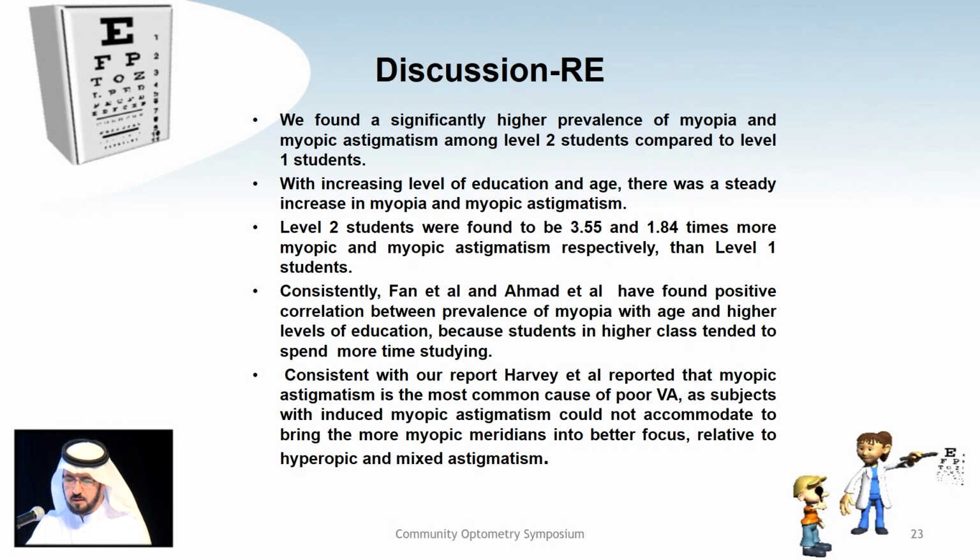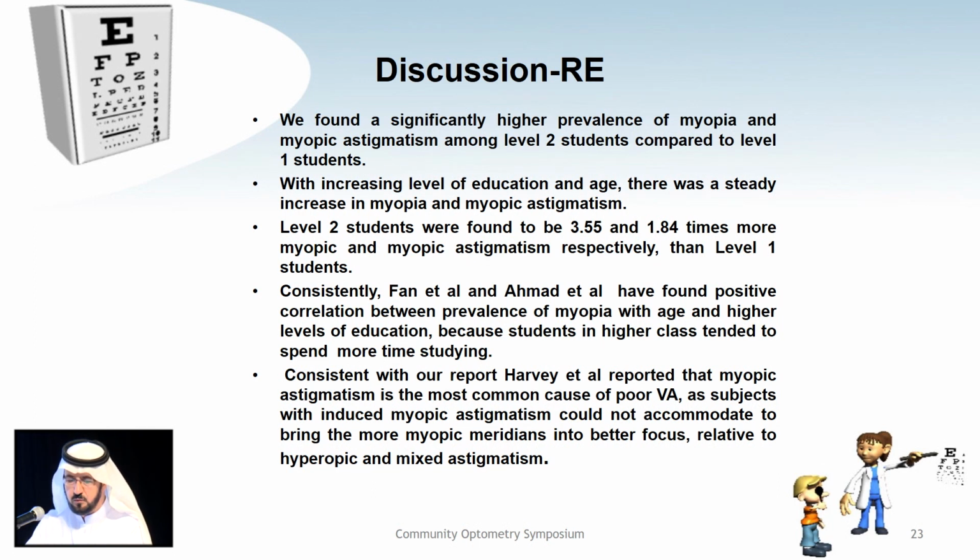We found a significantly higher prevalence of myopia and myopic astigmatism among level 2 students compared to level 1, who are the younger students. With increased level of education and age, there was a steady increase in myopia and myopic astigmatism.